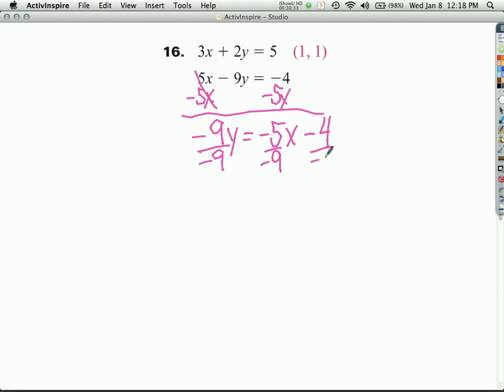This is ugly. So we get y equals 5/9 x plus 4/9. And then you plug that into the other. Yes. So I can already tell why people had trouble with number 16. Why did people have trouble with number 16?